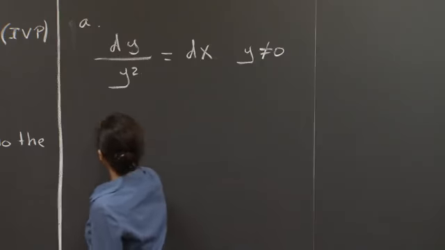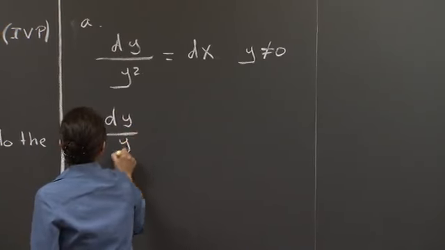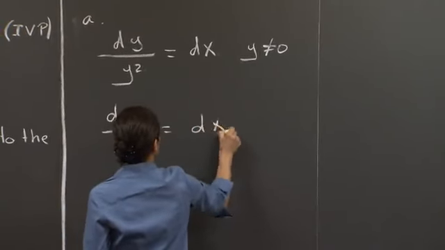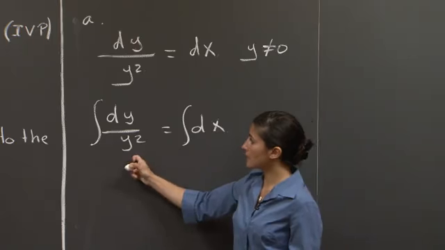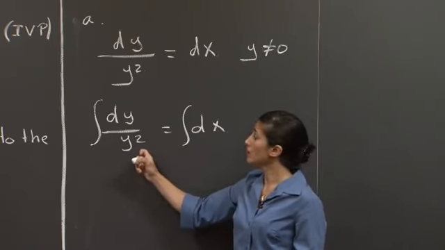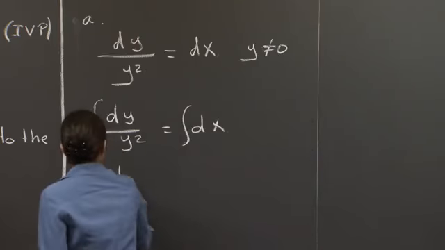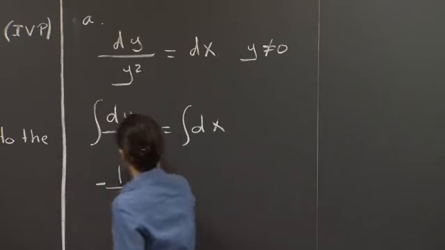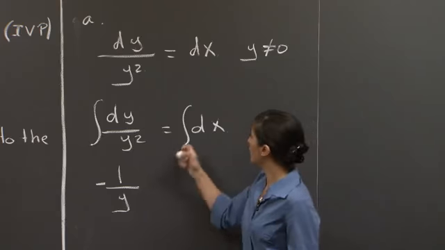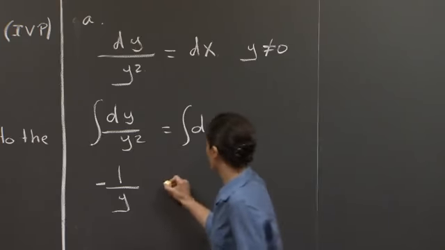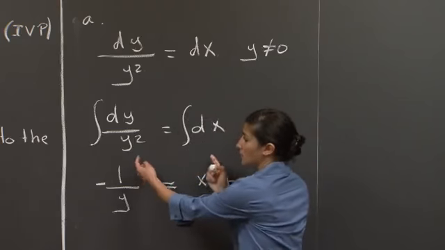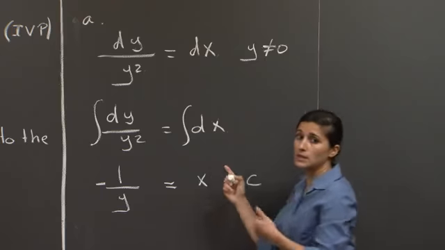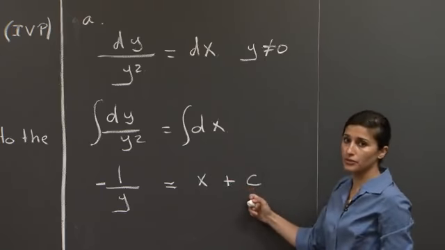From this step, we just use indefinite integrals to integrate both sides of the equation. The left-hand side is the integral of dy over y squared, and the integral of this gives us minus 1 over y. And the right-hand side, the integral of dx, is just x. Both sides would give us constants of integration, but we only need one because this is a first-order differential equation.